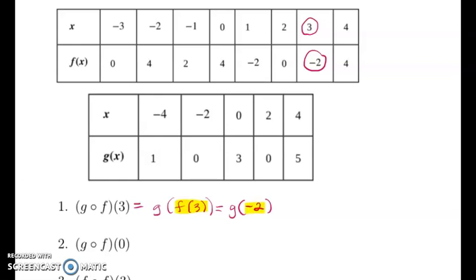Then, for the g of negative 2, tingnan natin yung g of negative 2. Ito yung g natin. And the g of negative 2 is this one. The g of negative 2 is 0. So that is just equal to 0, right?